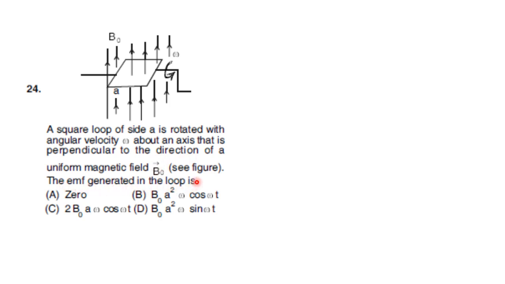EMF generated is nothing but minus d phi by dt, the rate of change of flux, given by d by dt of A B cos theta. A is the area, B is the magnetic field, and theta is the angle of rotation.